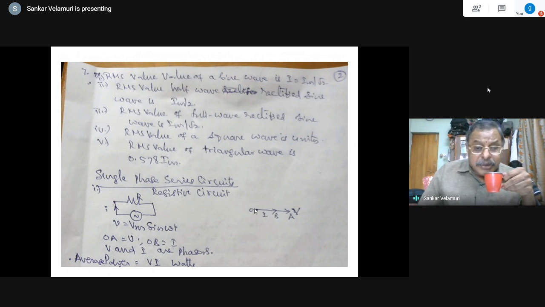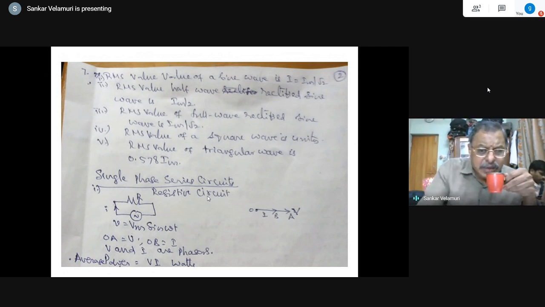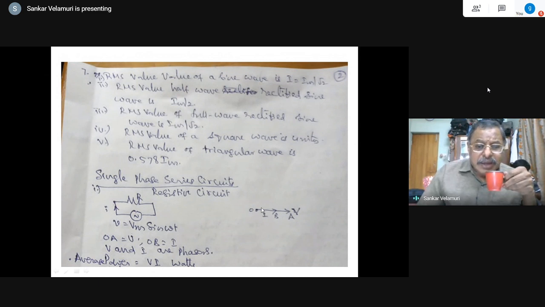That means the vertical projection of OI onto the imagined vertical axis is 0. And similarly, if it is somewhere in between, then you will get, at an angle, I cos phi, and when it rotates by 90 degrees in the counterclockwise direction, it becomes the peak value.